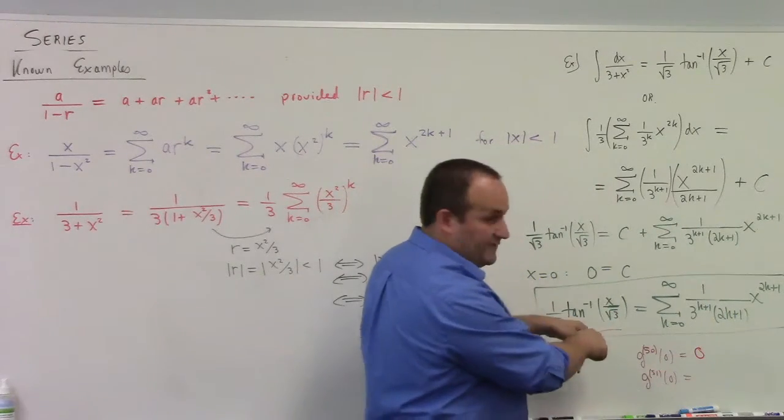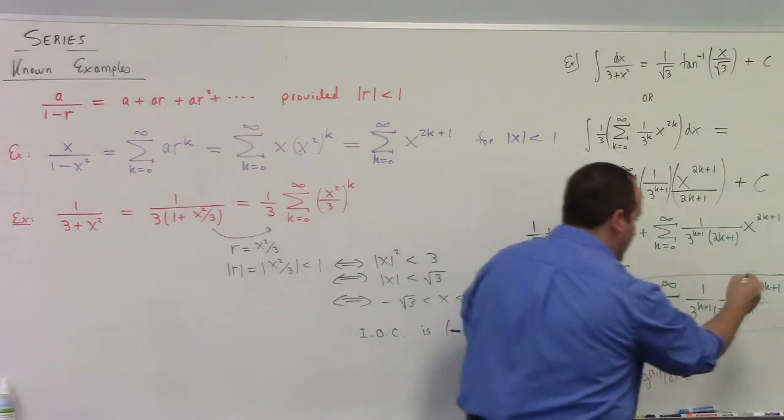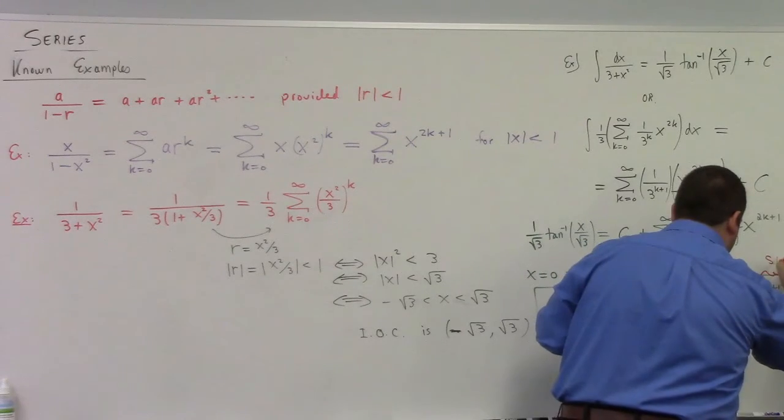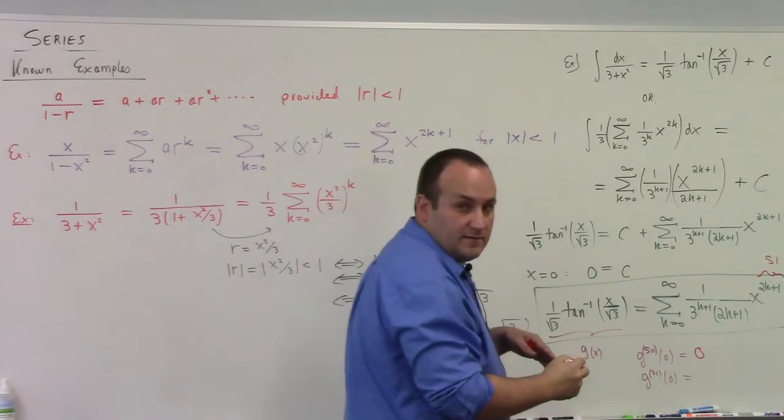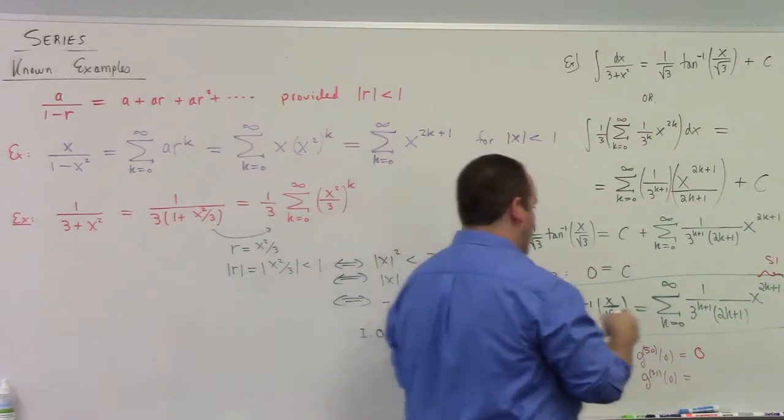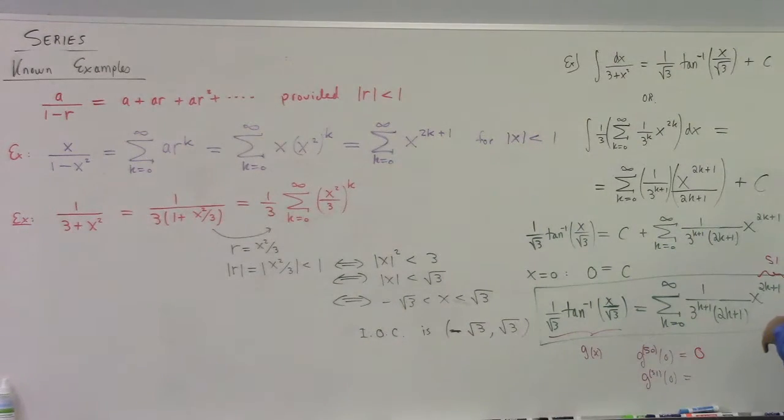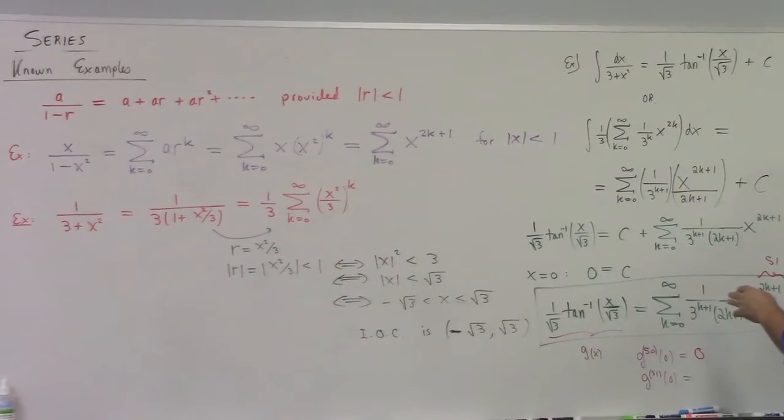Now, in order to get the 51st here, I would need this to be 51, right? So in other words, this is equal to dot, dot, dot, plus the 51st derivative at 0 divided by 51 factorial times x to the 51 power, and plus stuff.